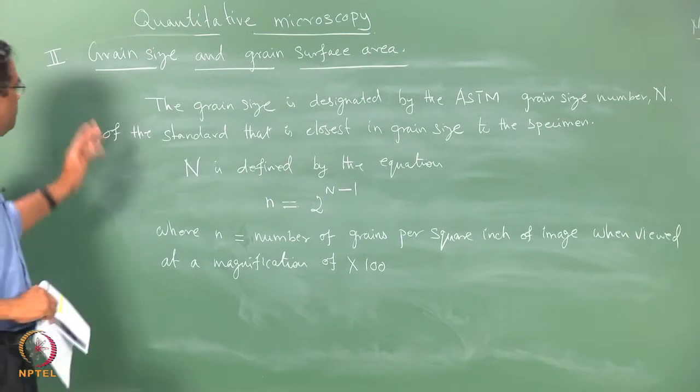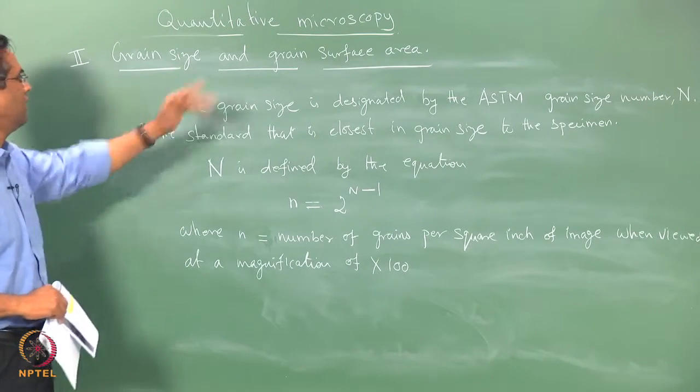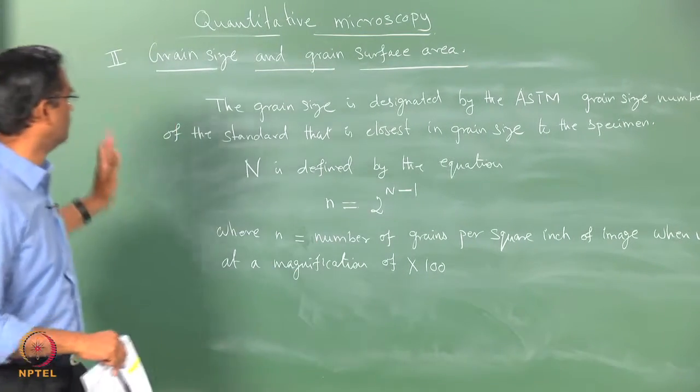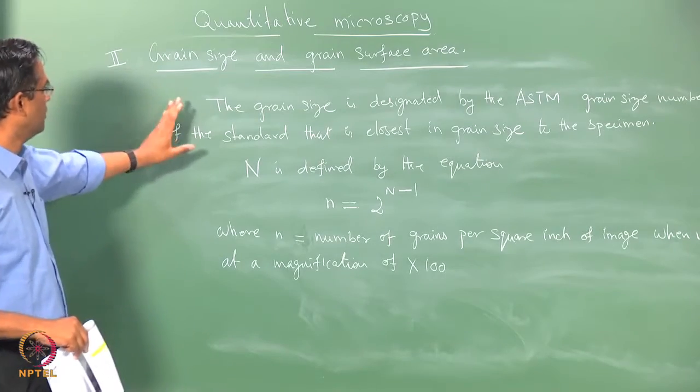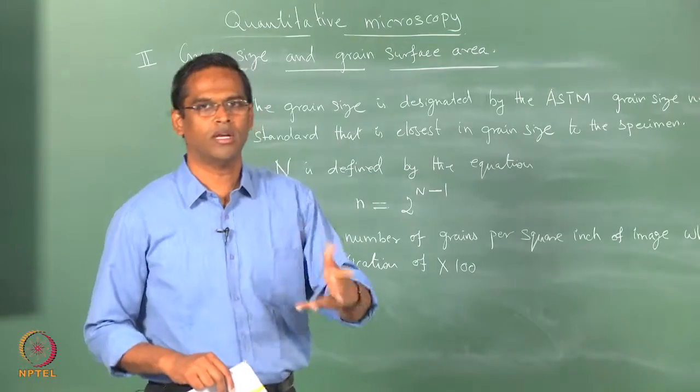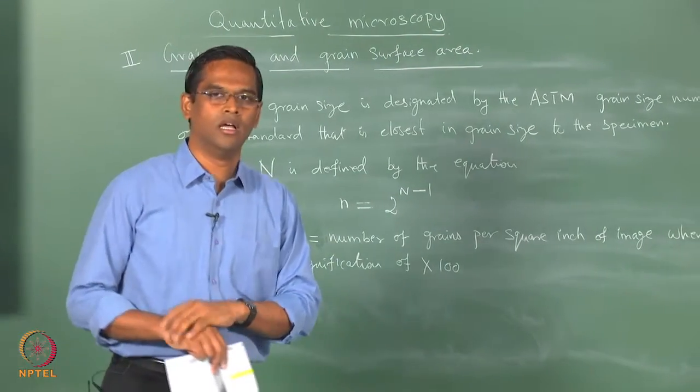The next one is grain size and grain surface area. This is a very simple way of looking at the grain size, but there are more rigorous ways of measuring it.